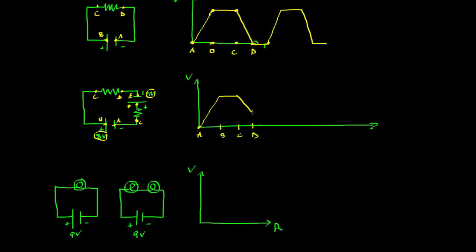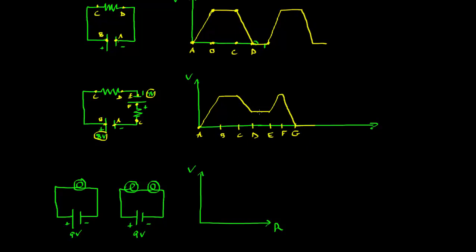But anyway, the voltage will drop, but then this thing is going to pump it back up. So it goes from D to E, and then the battery pumps it back up to 8 volts. So this is E, F. That's when it comes out. And then it goes through the resistor, and now the potential is going to drop all the way down to 0. And that's point G before it goes back into the battery over here.